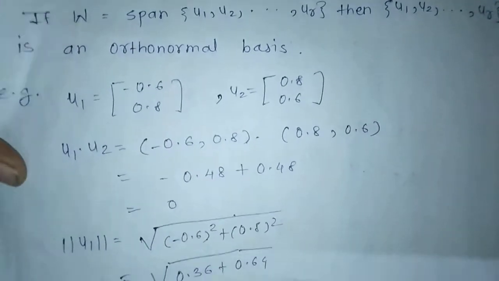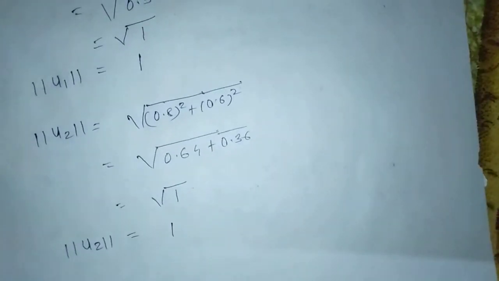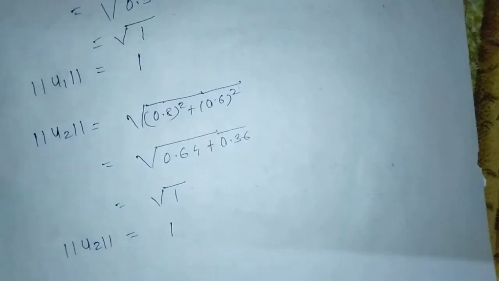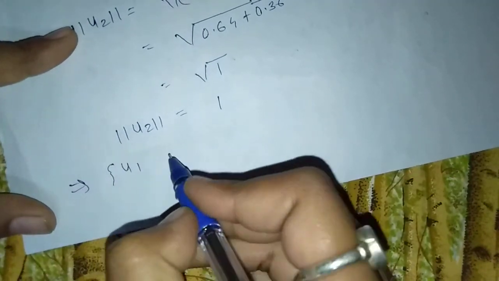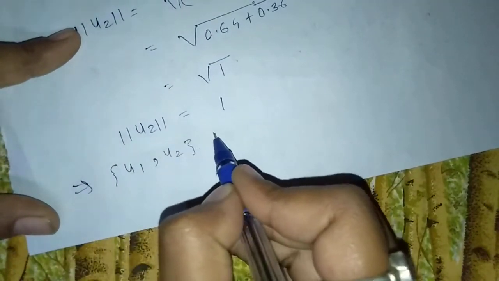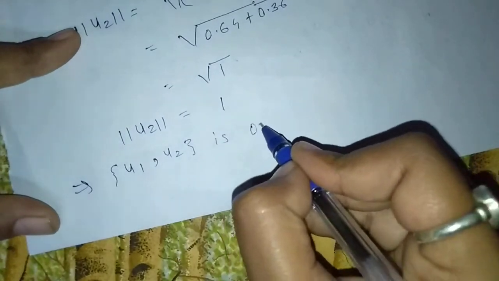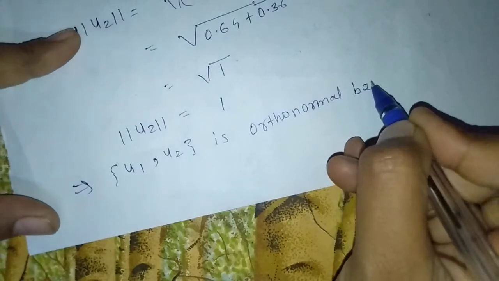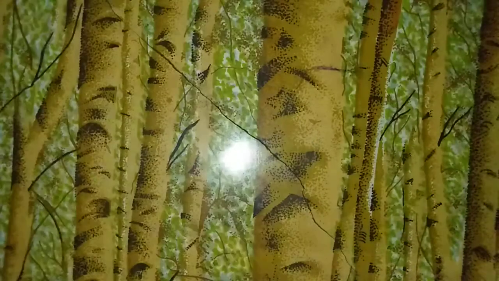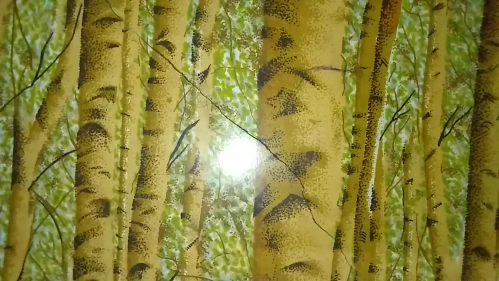Also norm of each vector is equal to 1. So the set of vectors is nothing but an orthonormal basis, which implies the set of u1, u2 is an orthonormal basis. Next example.